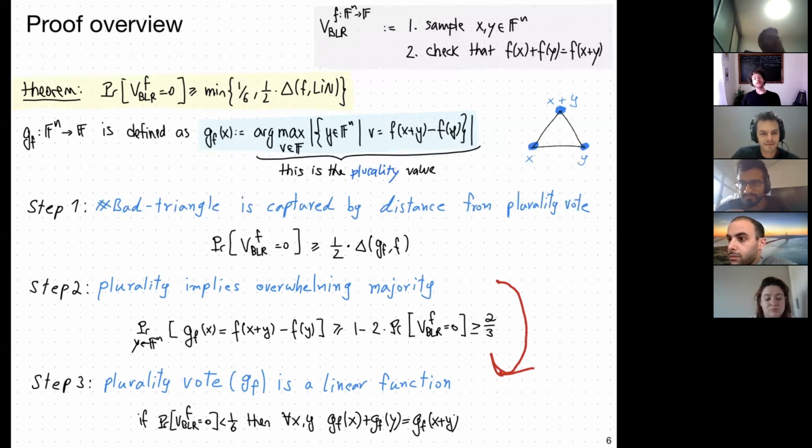Okay, so obviously, sorry, one more question. If I understand correctly, you're saying the claim in step 2 is correct for f's that are somehow far from being linear, or close, sorry. Does the second claim hold for any f?